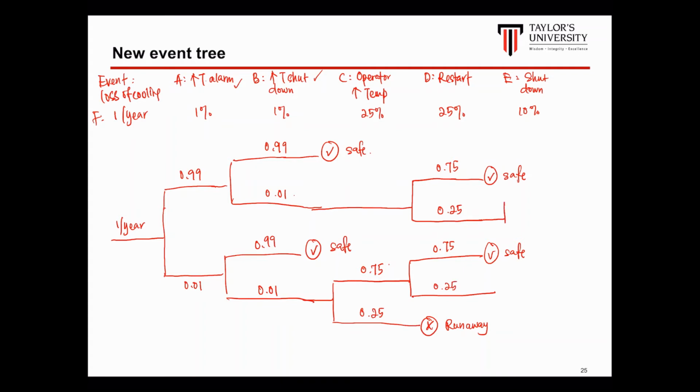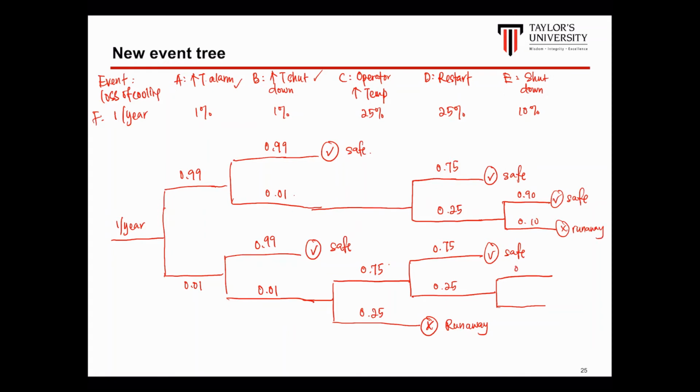But we still have one last check gate, which is the red emergency shutdown button, the manual shutdown button, and this works 90% of the time. So again, this is a safe system, but this 10% will be a runaway system.